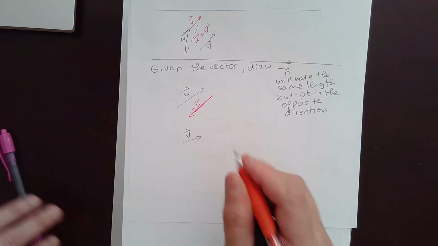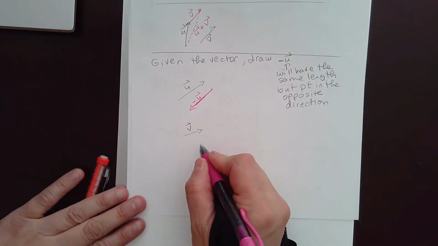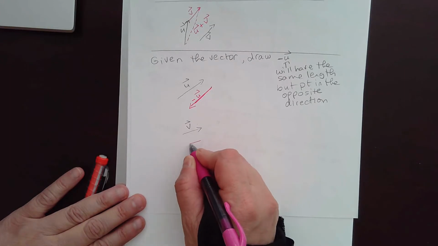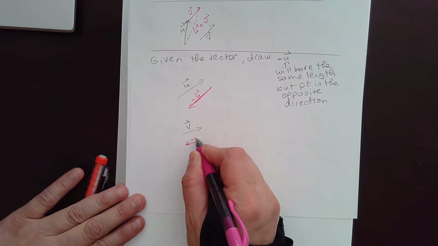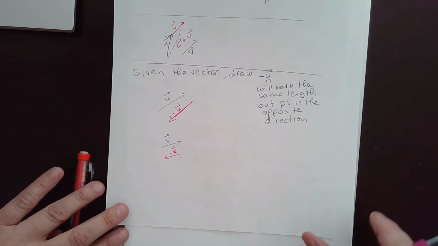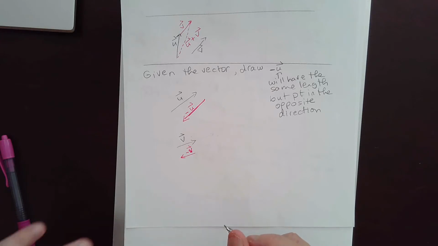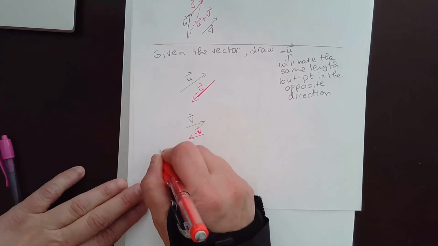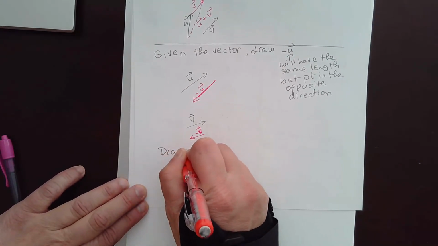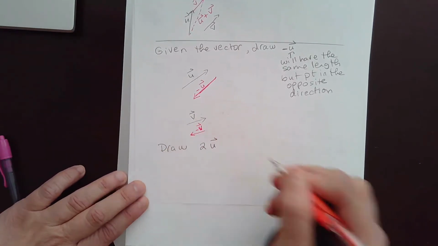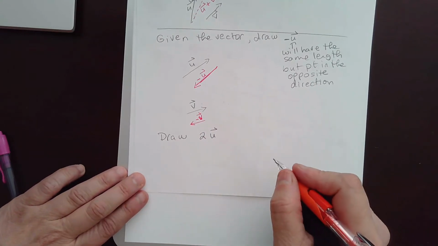This is v. How would you draw minus v? This is minus v. Exact same length, but in opposite direction. All right? Now, how do we draw 2u or 2v?